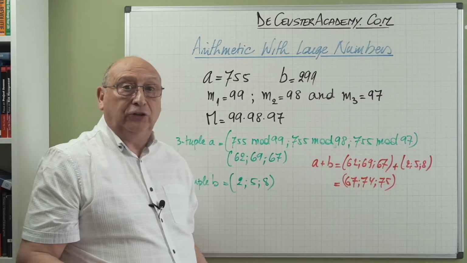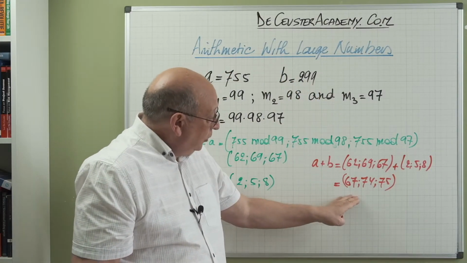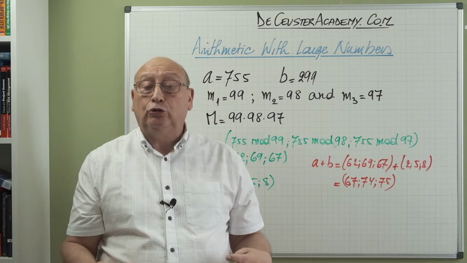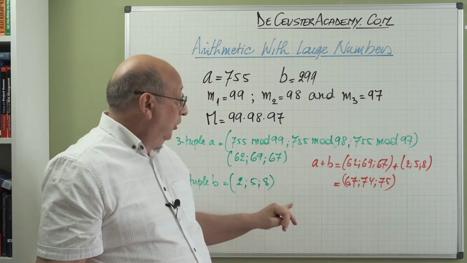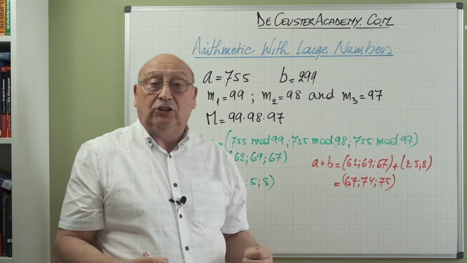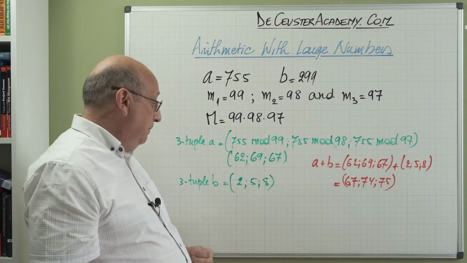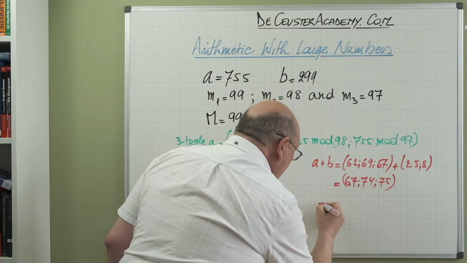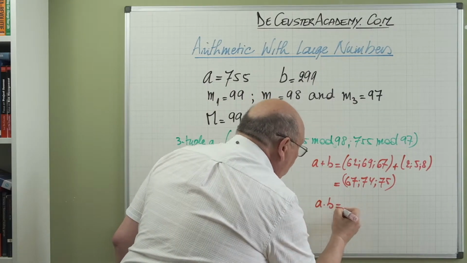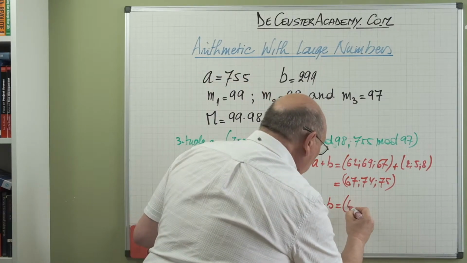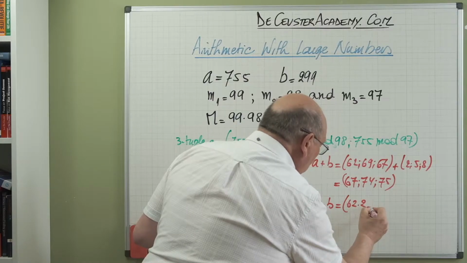So that's the first three-tuple that we're going to use to find the result A plus B using the Chinese Remainder Theorem.